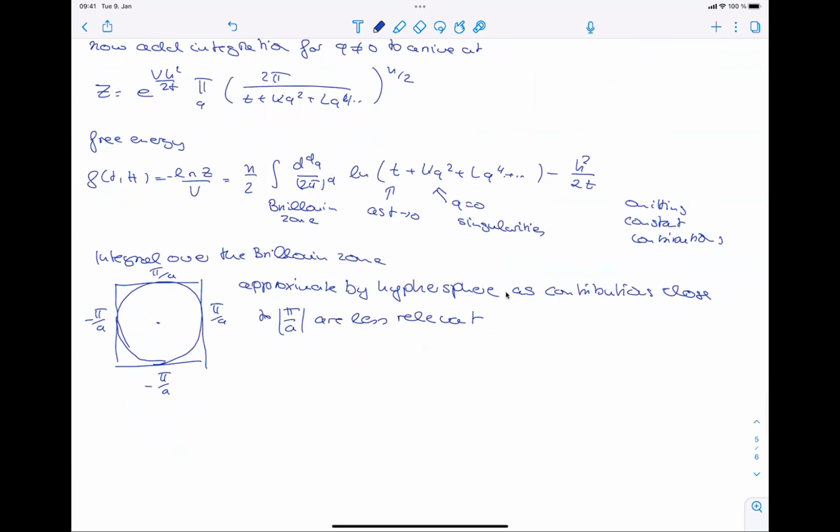So why is this cool? Because then all of a sudden I can really write down my d-dimensional integral nicely as a spherical integral due to spherical symmetry.